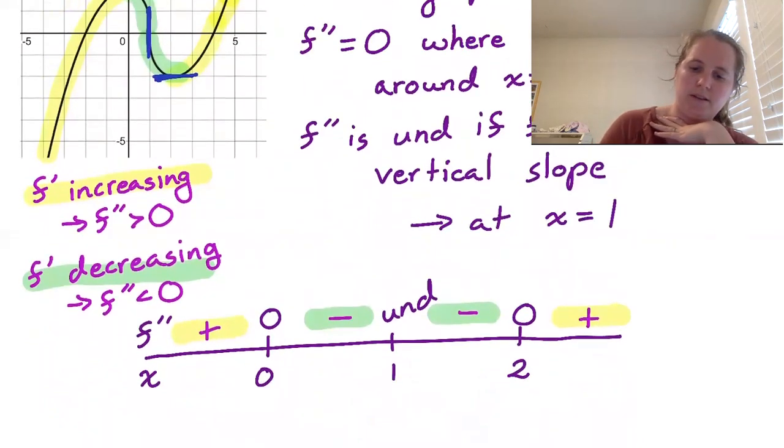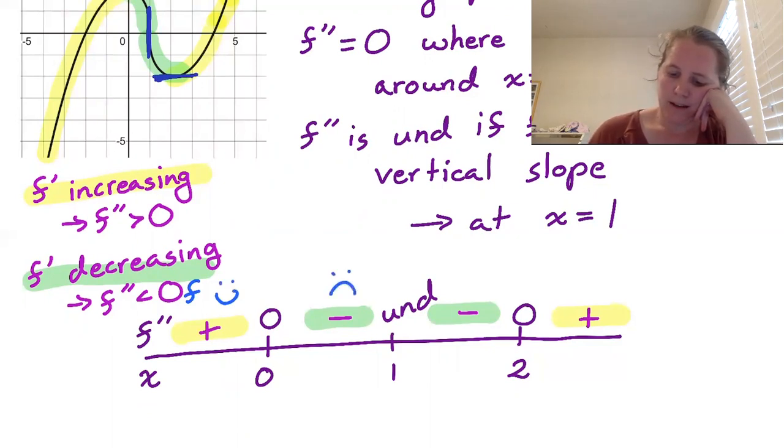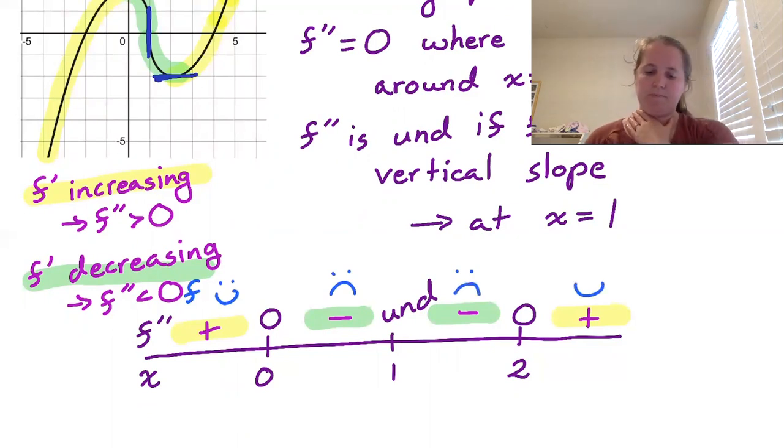So now we can go ahead and look at what this tells us for our function. If our second derivative is positive, we're happy, we're concave up. Then we're sad, concave down. Or sorry, we're sad again, concave down. And then happy, concave up.